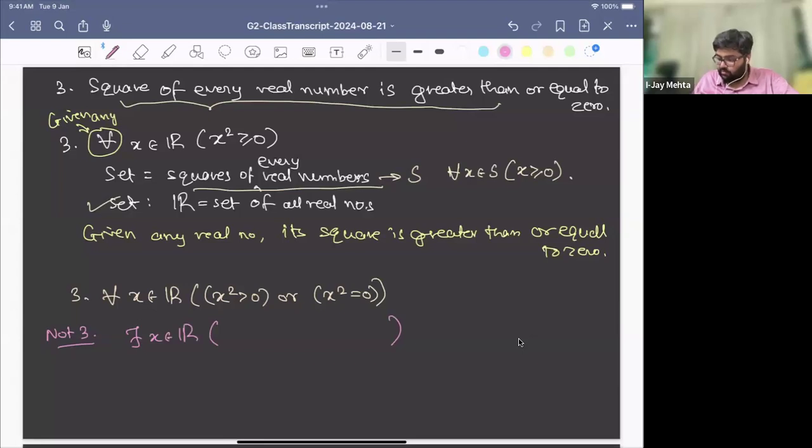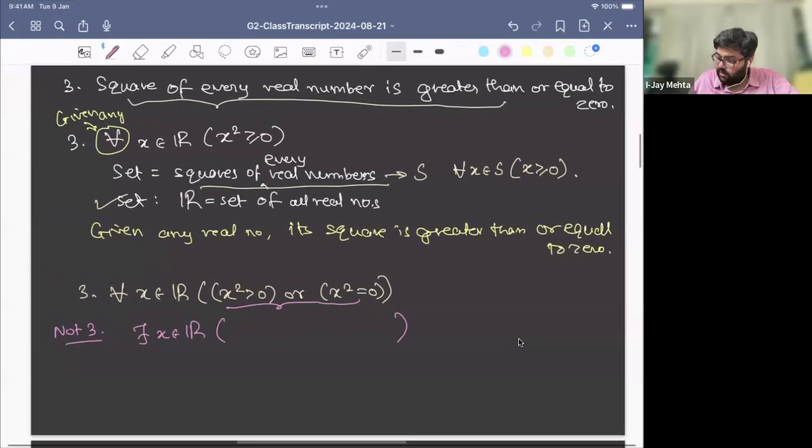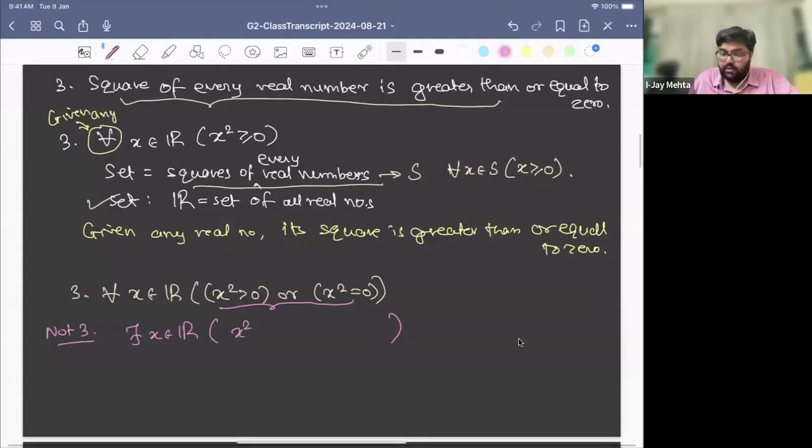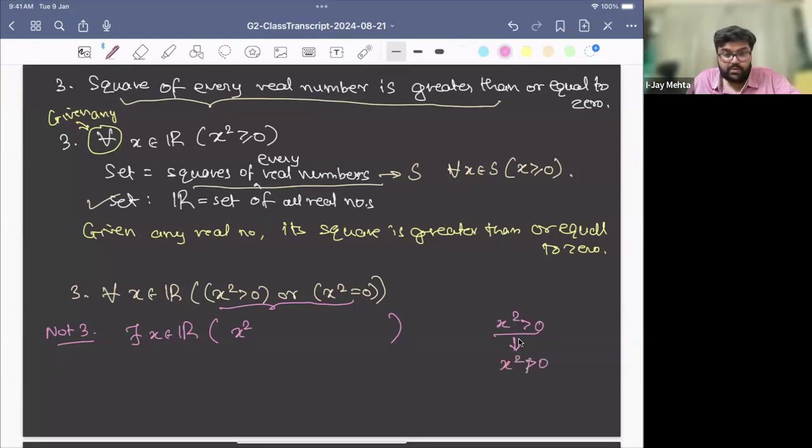Okay, but can you negate this? What is the negation of x square greater than 0? Less than or equal to 0. I can say it is not greater than 0 also, that is fine.